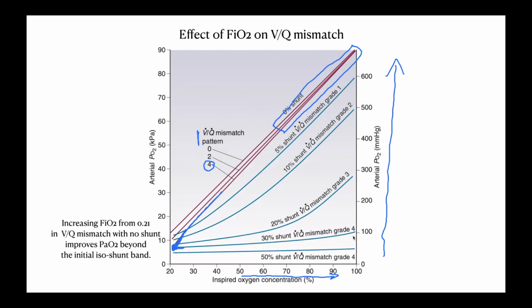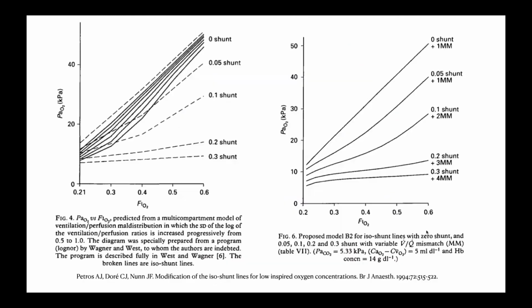And so what I did was I had a look at the original study, and this is just for you to appreciate that the way those VQ mismatches were plotted was from a computer model. All right. So in other words, the PaO2 versus FiO2 predicted from a multi-compartment model of ventilation, perfusion, maldistribution, in which the ratio is increased progressively, and it's essentially a computer program.